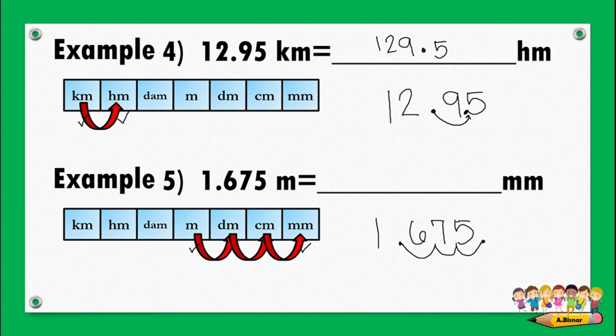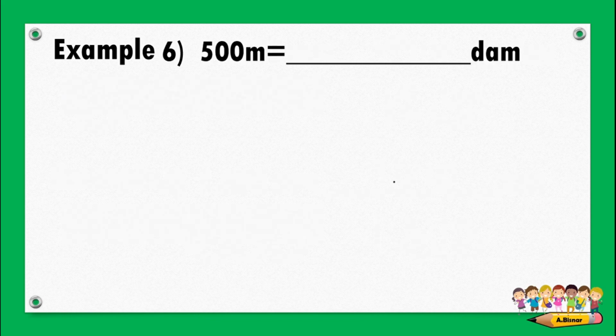As you observe, there are already numbers on the space, and therefore, we're not going to add zeros anymore. So, 1.675 meters is equivalent to 1,675 millimeters.